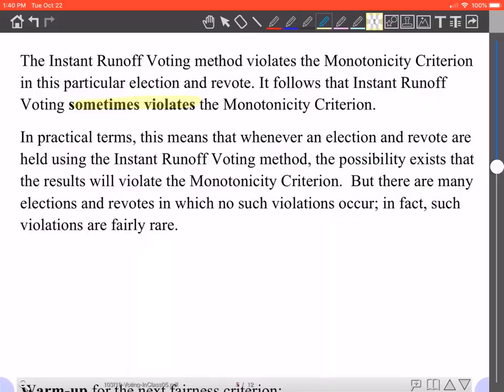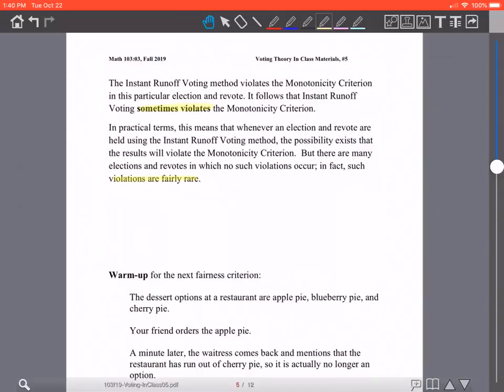Sometimes a violation can occur. Now, such violations are rare, so it's not saying that this is always going to happen or happen often, but it can happen, so it's something to look out for. But always, always, always make sure that if you're going to apply the monotonicity criterion to a voting result to check to see if it's fair, there needs to be a revote.